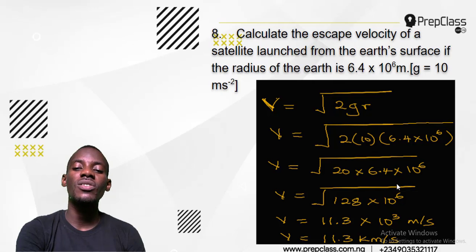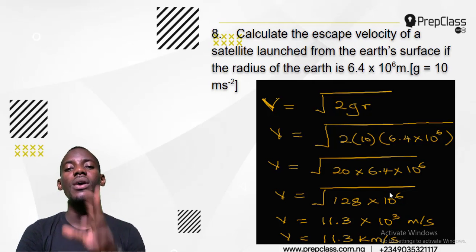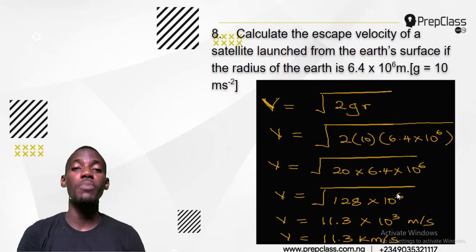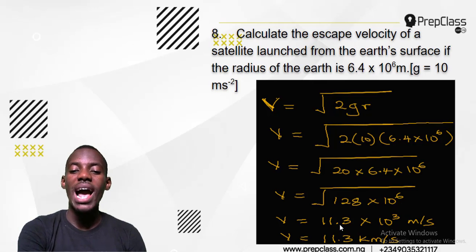The root of 10 raised to the power 6, you know, root can also be 1 over 2 in power form. So that means I just do 1 over 2 times 6, and that is 3. Or you can just put it directly, root of 10 raised to the power 6 will give you 10 raised to the power 3 as your answer. So I have 11.3 times 10 raised to the power 3, and then if I put the unit, meters per second, right? And that's my answer.